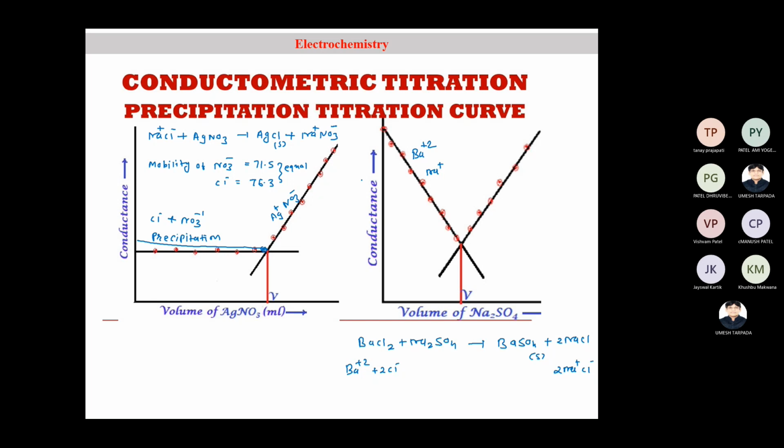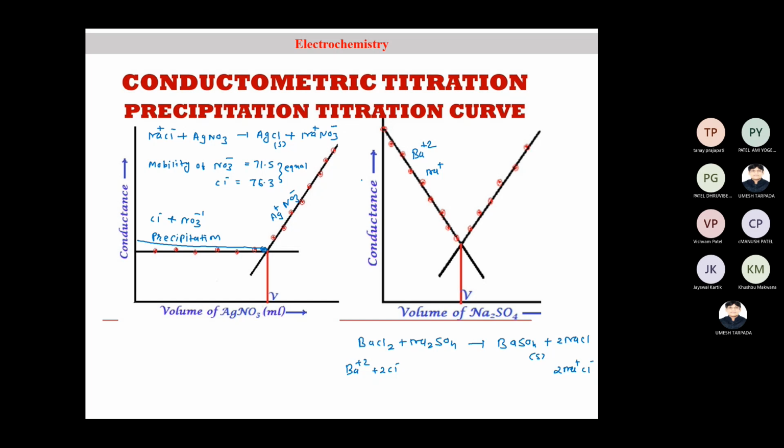So therefore, highly conducting Ba2+ ion is replaced by low conducting Na+, and therefore initially conductance decreases. The reason for the decrease in conductance initially is replacement.